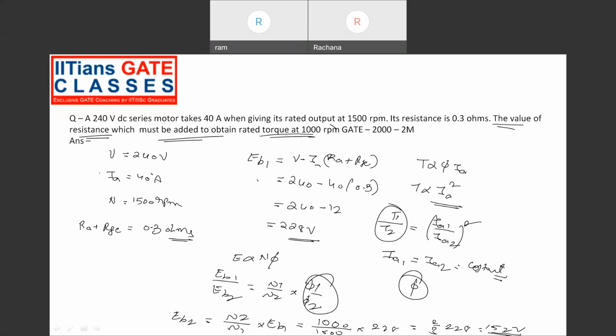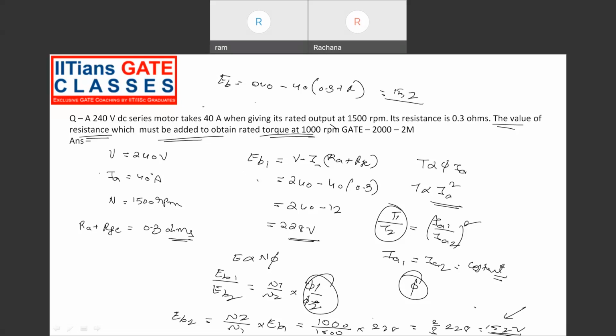Now they are asking us to find the external resistance which must be added to get this 152 volts. Eb can be given as 240 minus the current, which is the same 40, into the resistance. We are adding an external resistance, so 0.3 plus R, that is equal to 152.